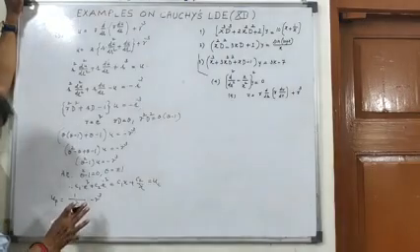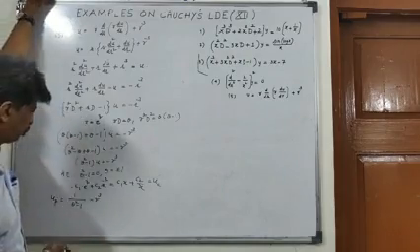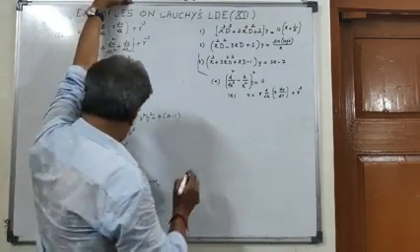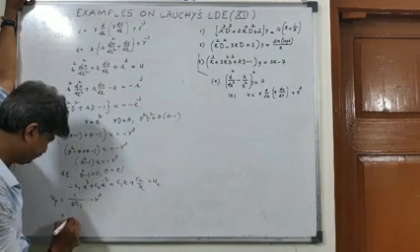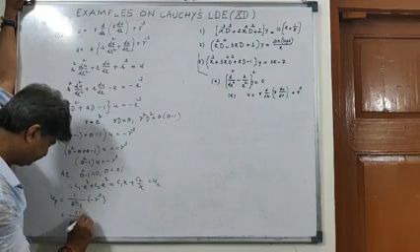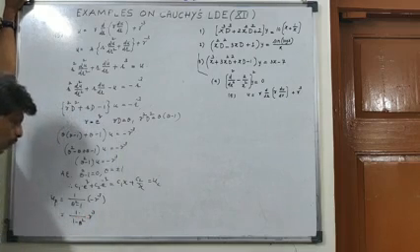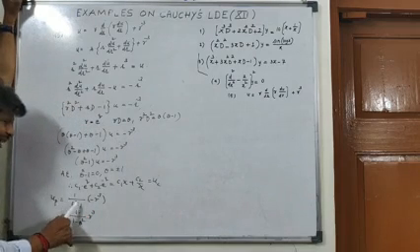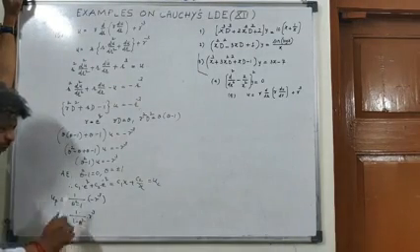This is again an algebraic case. 1 upon theta square minus 1 into minus r cube can be written as 1 upon 1 minus theta square into r cube.